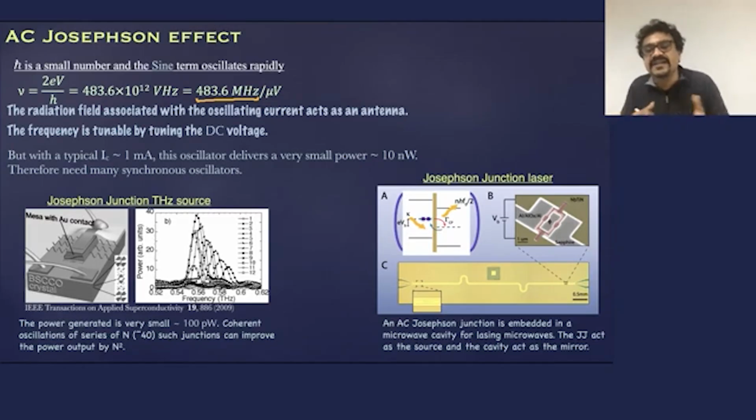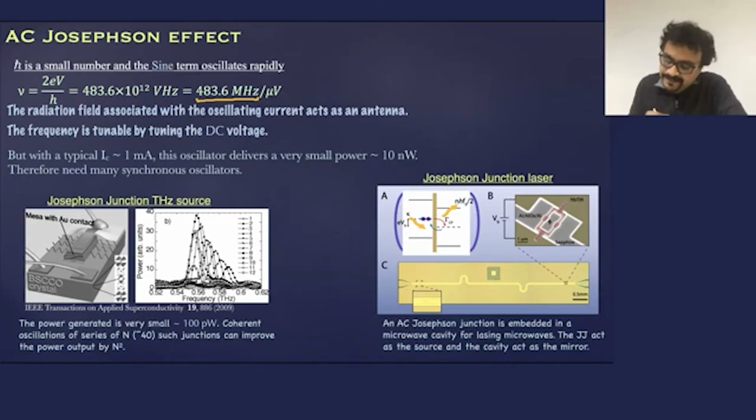So that is the lasing action there, okay. So that's what is represented here, okay. So this cavity can act like a mirror and provide lasing action for the microwave radiation emitted by the Josephson junctions, okay.